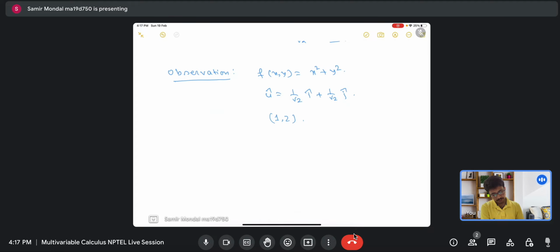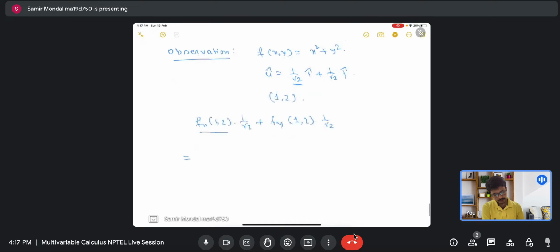So if you find f_x at (1, 2) into 1 by root 2 plus f_y at (1, 2) into 1 by root 2, what will we get?